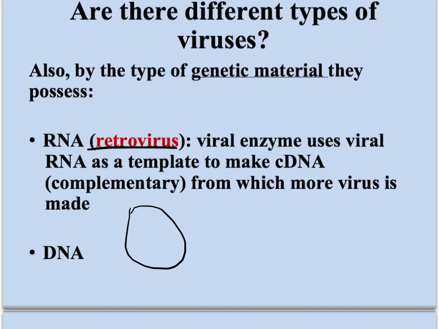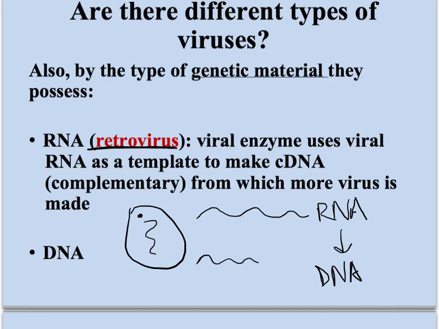This will just be my spherical virus, and it's going to have RNA in it. It also has a little enzyme called reverse transcriptase, and this takes RNA and reverse transcribes it to DNA. Then you end up with your DNA strand, and this is what is replicated by the host cell.